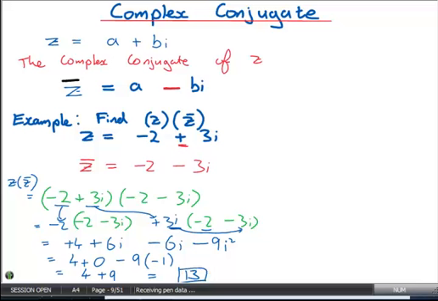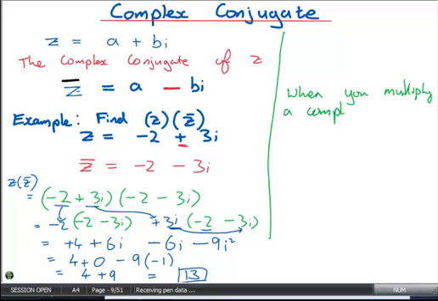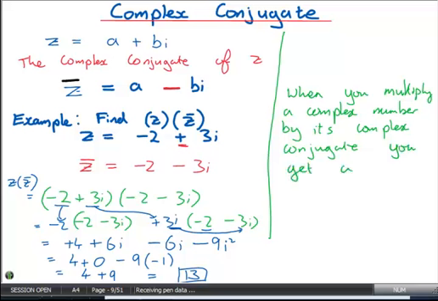This is just a little point I'll pull over to the side here. When you multiply a complex number by its complex conjugate, you get a real number.